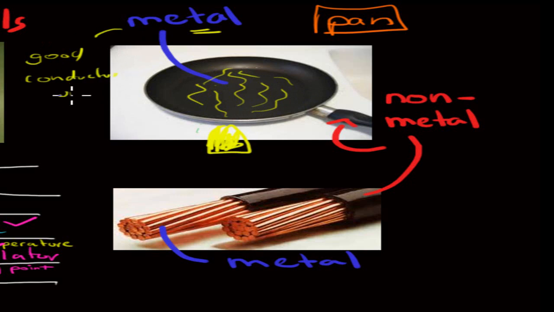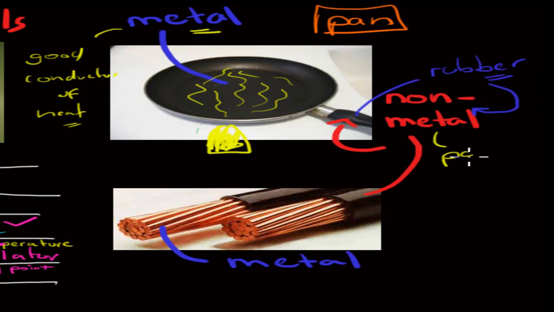Good conductors of heat. Now, what you tend to find on pans, hopefully, is rubber. So you tend to have your rubber where you actually touch the pan. That's because rubber is a non-metal, and we said that rubber and non-metals in general are poor conductors of heat.